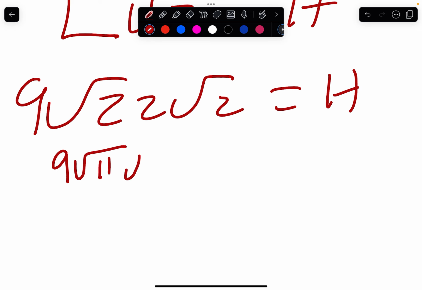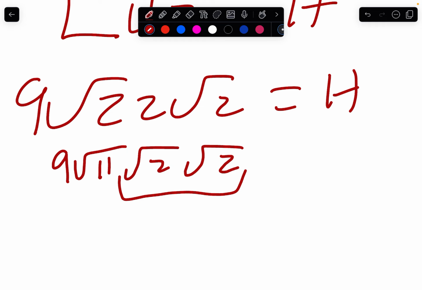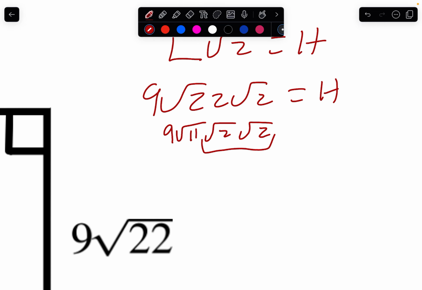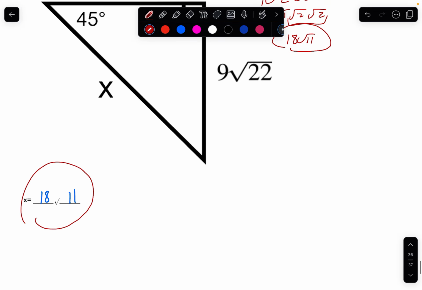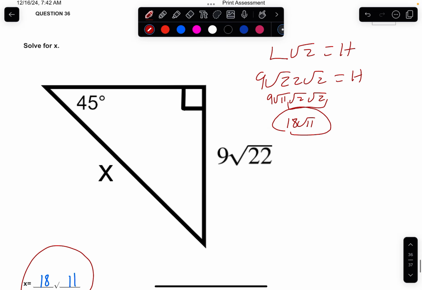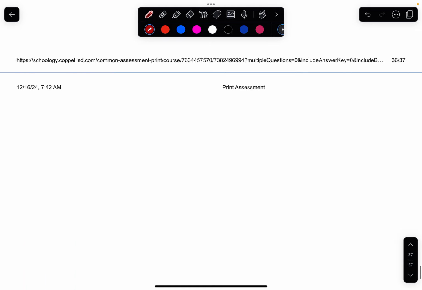I pull out the common factor first, right? 22 is 11 times 2. So what is root 2 times root 2? That's whole number 2. Times 9 would be 18, and there's a root 11 still. So 18 root 11 would be the answer. But to go from leg to hypotenuse, you multiply by root 2. To go from hypotenuse back to leg, you divide by root 2.